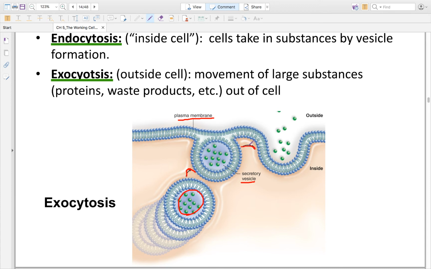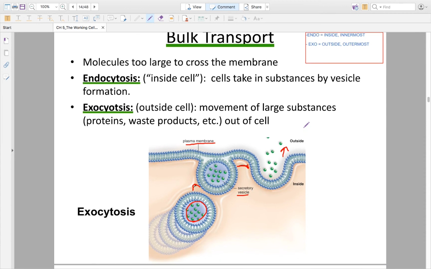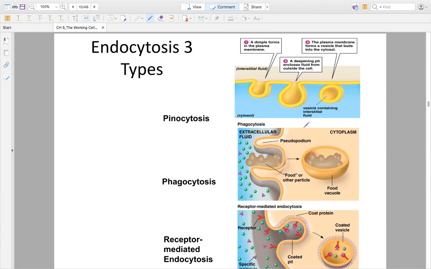It will continue to do so till all of these phospholipids integrate with the bilipid layer, thus releasing all of these molecules outside. That is called exocytosis, and it's a method of bulk transport, and it's pretty common.